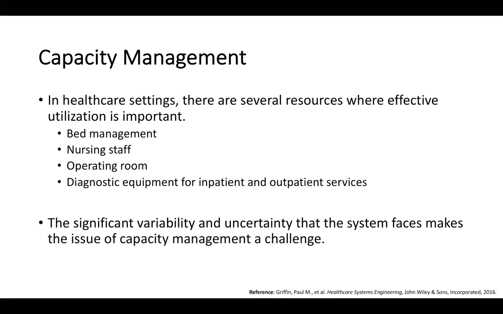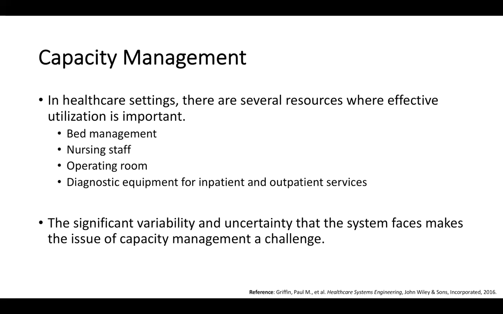And it's important for a healthcare unit, for a hospital, to know how many of each one of these resources they need to have and how they have to manage utilization of them. They want to monitor utilization of each one of these resources and make corresponding decisions if utilization is high or low.